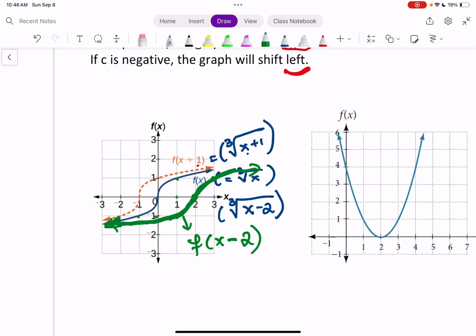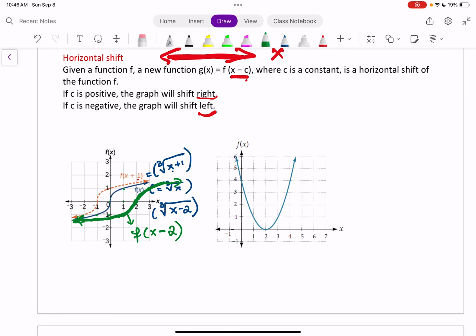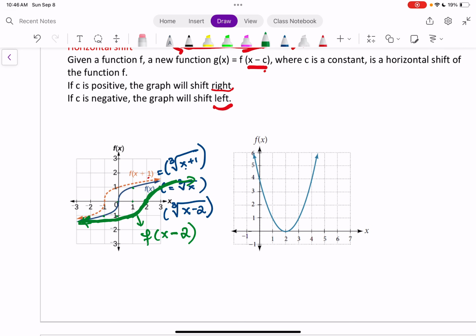Okay. Well, I'll summarize this for you. Whenever it comes to x's, you will always do the opposite of what the operation says. So here it is. Let's say this is some kind of function, f of x or y, and I would like to graph f of x minus 2.